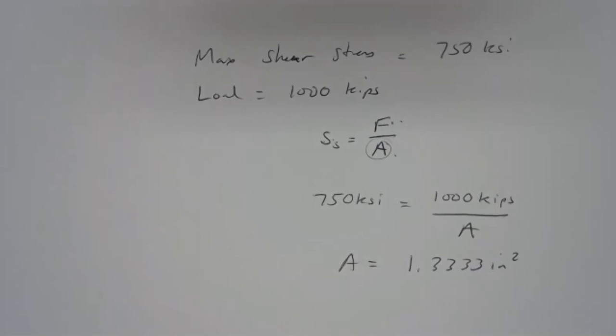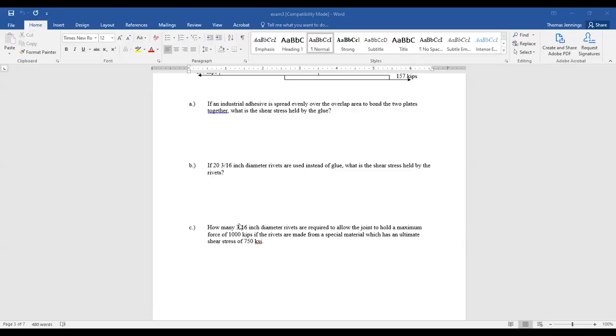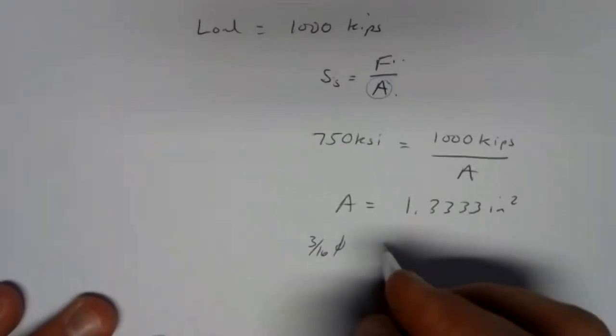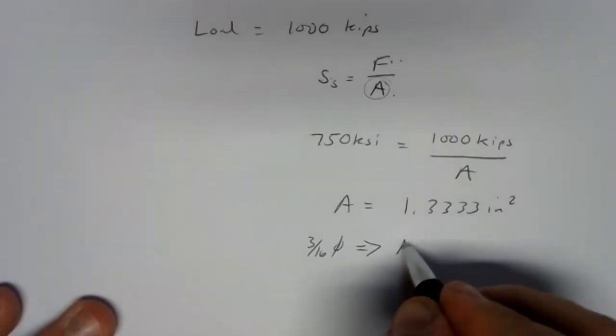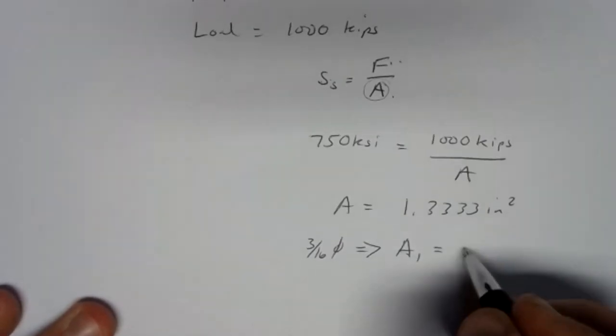Now they told us here in the problem that we're looking for how many 3/16 inch diameter rivets. To figure that out, we need to know the area for one rivet.